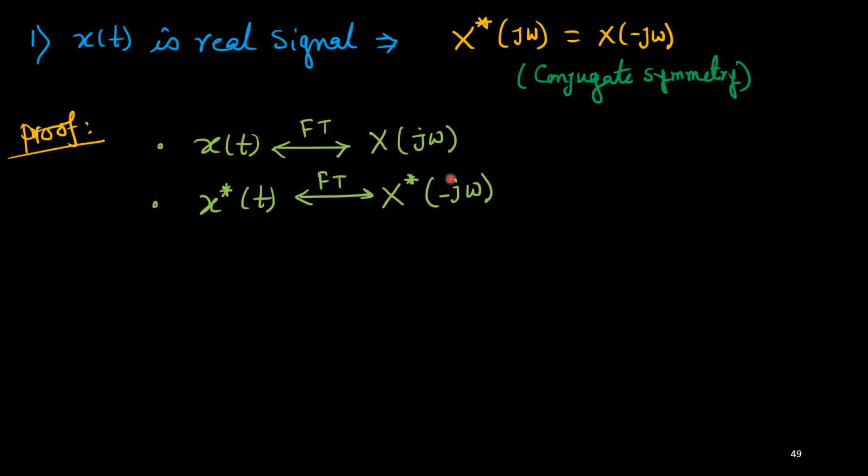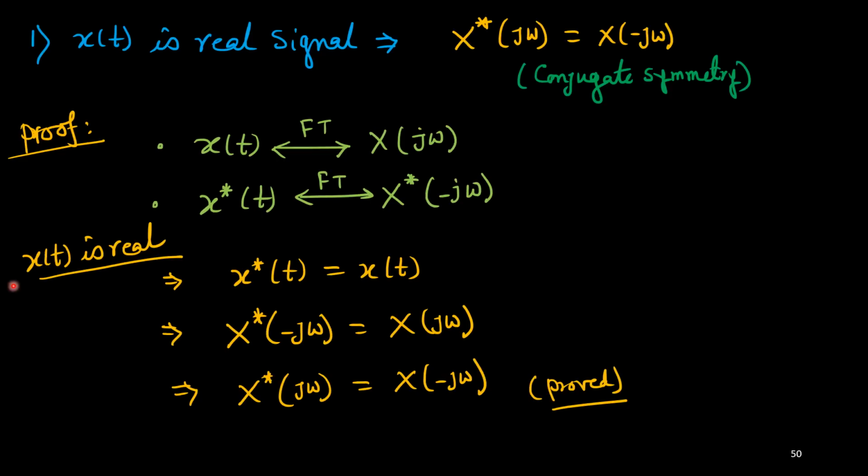Okay, this is from the conjugate property, and this is by definition of Fourier transform. Now if I consider that x of t is a real signal, then if you take the conjugate, it will remain same because the signal is real. So the conjugate of real is again the same signal. So thus x star t is again x of t.